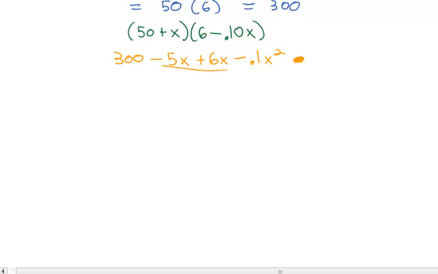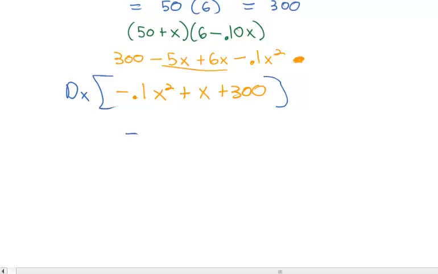And so when we combine like terms and reorder it, we get negative 0.1x squared plus 1x plus 300. And this is our function that we're going to want to take the derivative of.